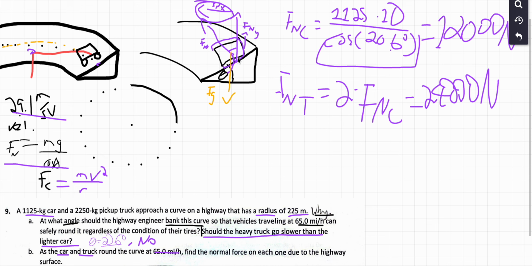So it's going to go in a curve with this force, with this velocity, and this tuned centripetal force. Hopefully that makes sense. If you find any errors, please let me know. Thank you.